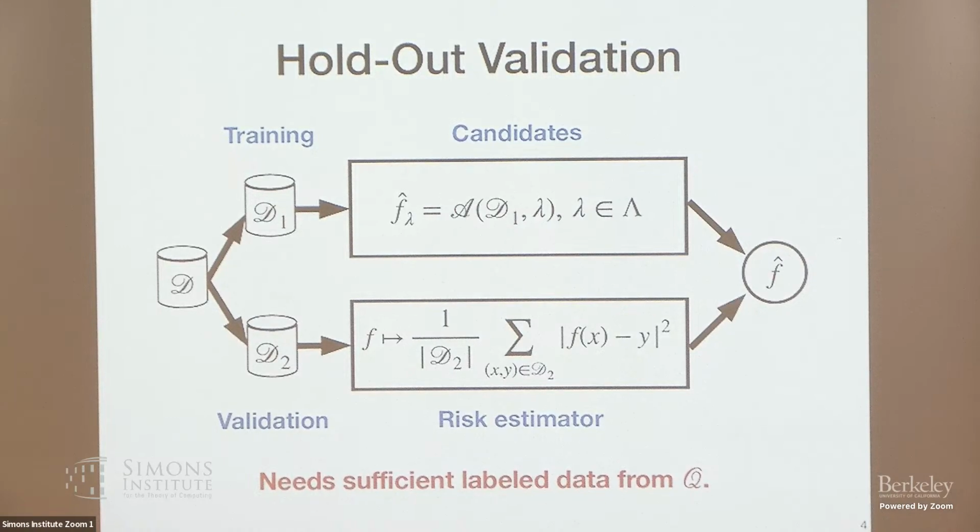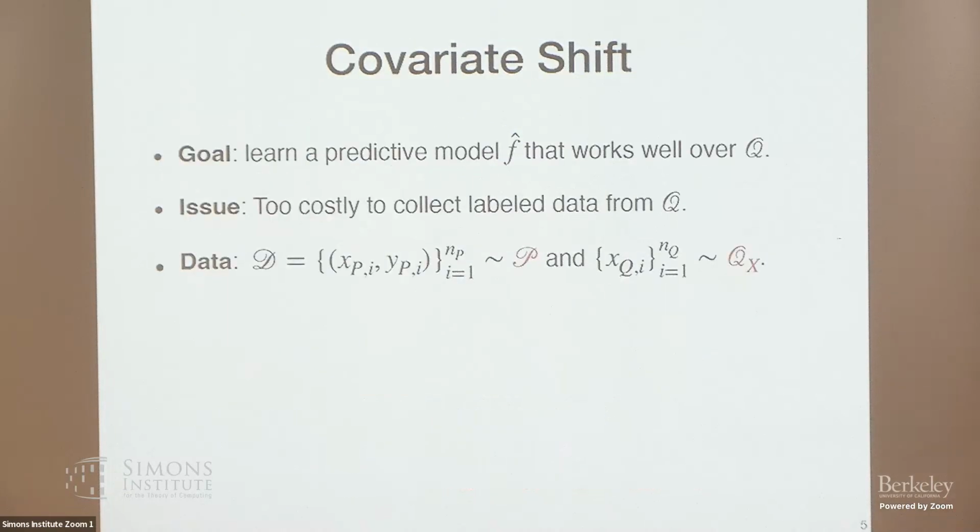And it works very well in practice, as long as you have sufficiently many labeled samples from the distribution. Both training and validation require samples from a distribution. But in practice, we often encounter an issue called covariate shift. We still have the same goal: we want to predict Y from X. That works well for one distribution, but the issue is the cost.